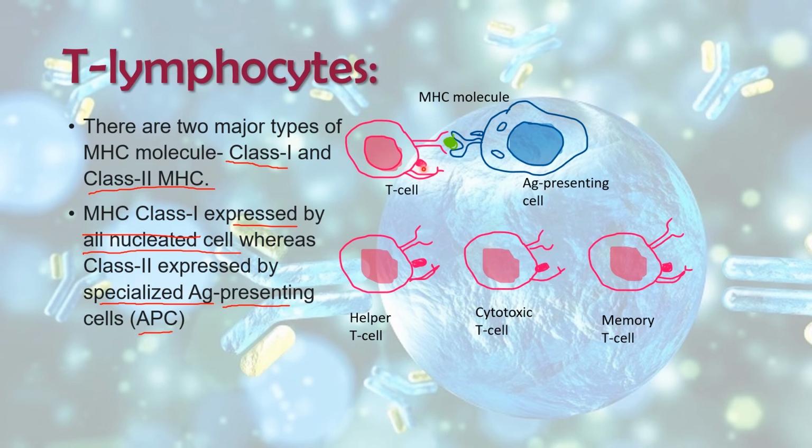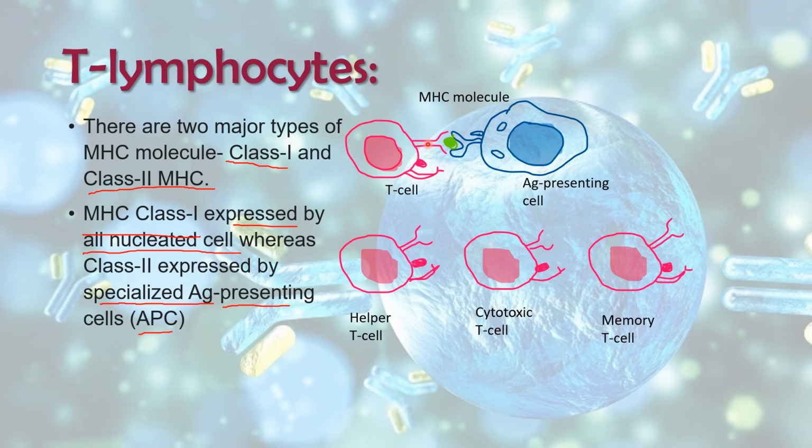This one is CD3, which is present as a surface marker on the T cell, and this one can be either CD4 or CD8. There is a big difference between these two CD molecules, because if CD4 is present at the surface, then the cell will differentiate into a helper T cell, and if it is CD8, then it will become a cytotoxic T cell.